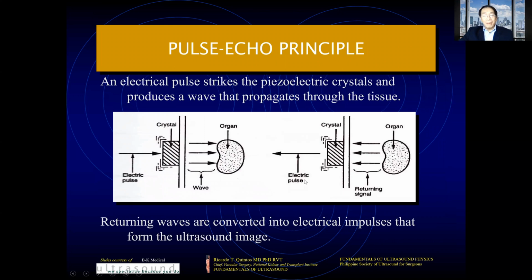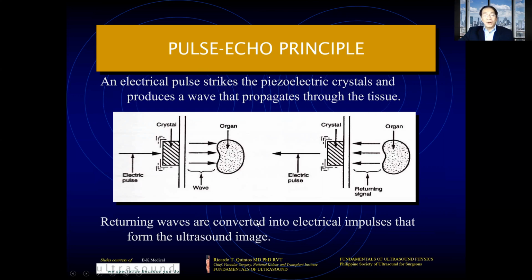So we've been talking about echoes being picked up by the transducer, and this is now an important concept, the concept of pulsed echo principle. When an electrical pulse strikes the piezoelectric crystals and produces a wave that propagates through the tissue, then the echo is picked up by the crystal, and then it generates an electrical signal that is sent to the central processing unit.